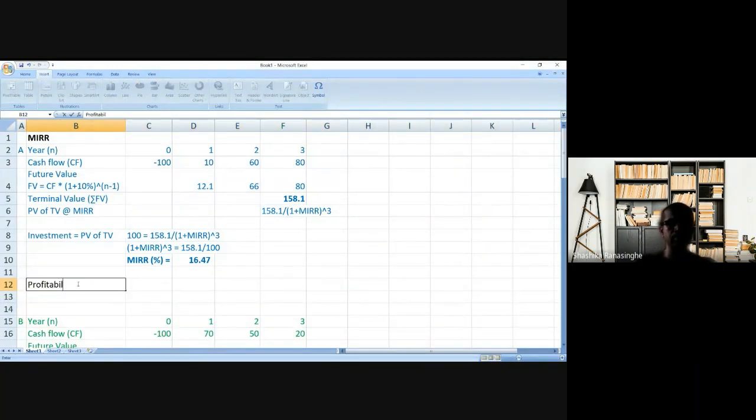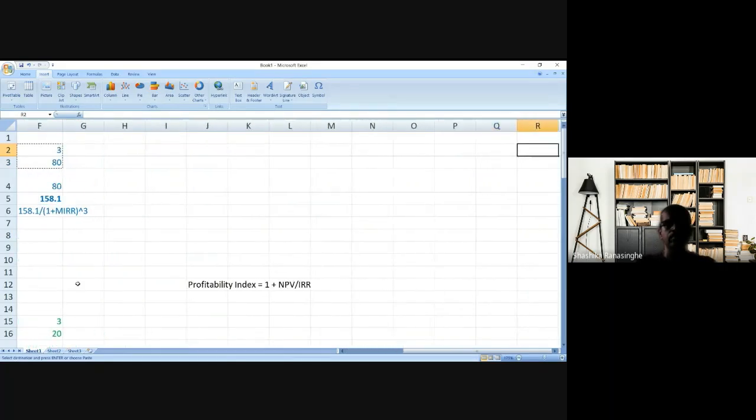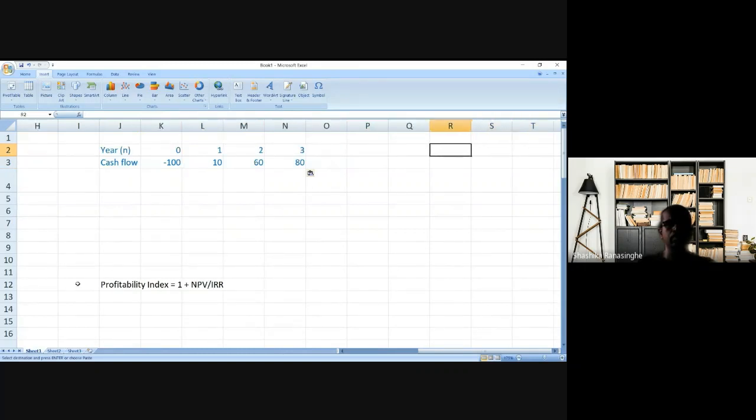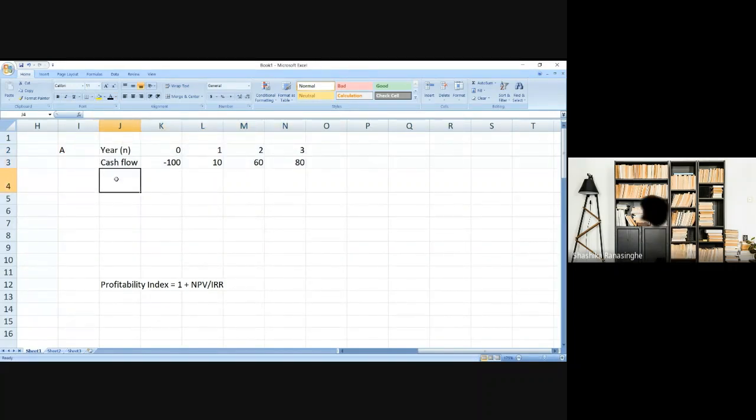Profitability index equals 1 plus NPV divided by investment. Discounting factor at 10%.